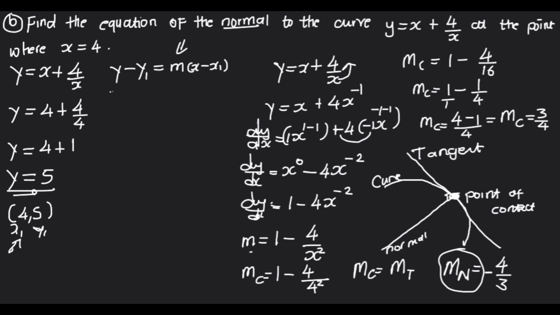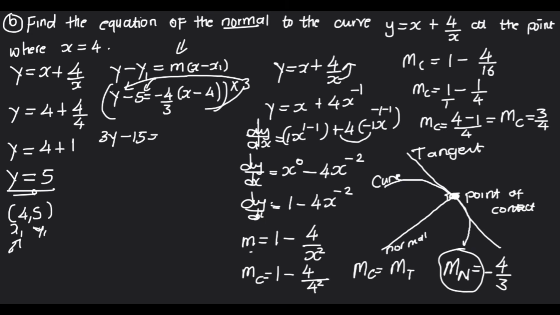So let's now simplify our answer. So 4 minus y1 is 5. Our gradient is negative 4 over 3. X minus our x1 is just 4. So let's get rid of the fraction. We'll multiply everything by 3. So the 3 will multiply by y. 3 times y is just 3y minus the second one. 3 times 5 is negative 15.